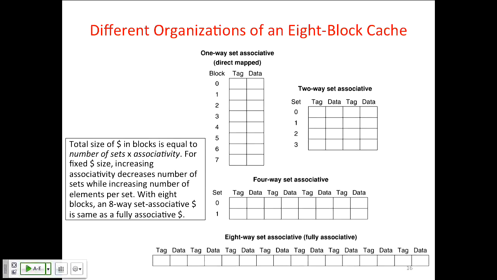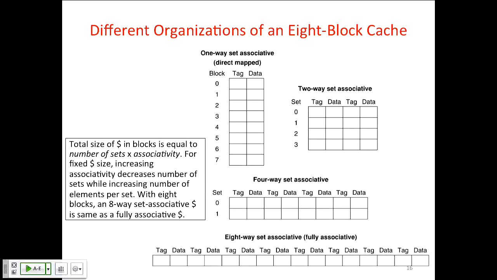You could build a direct map cache. It would have 8 sets, 1 way per set, and that's how you use your 8 blocks of data. Or you could take your 8 blocks and make them fully associative. So now I have 8 blocks of data in the cache, all fully associative. In this case, I'm going to search all the tags in parallel on every access. Or I can make it 2-way set associative.